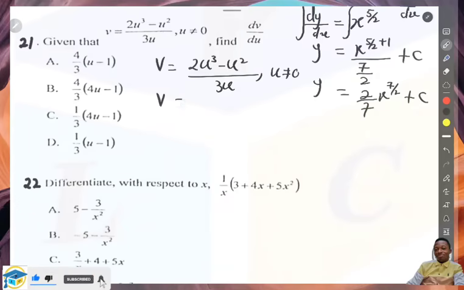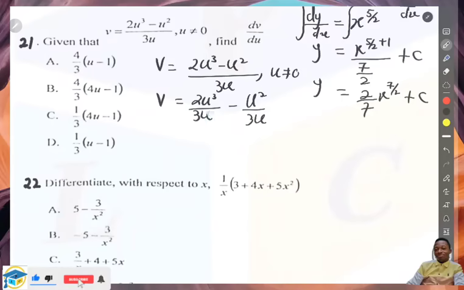We can rewrite this the same as 2u cubed divided by 3u, minus u squared divided by 3u, all right? Once you're able to get this, we apply our laws of indices.